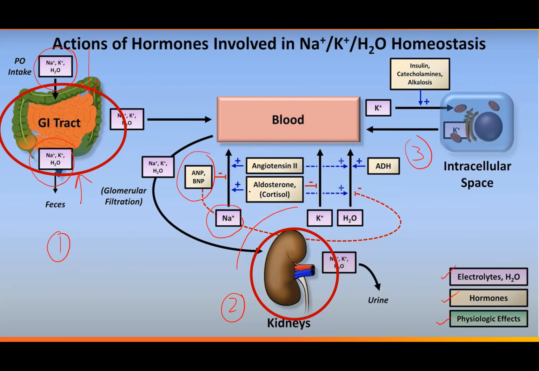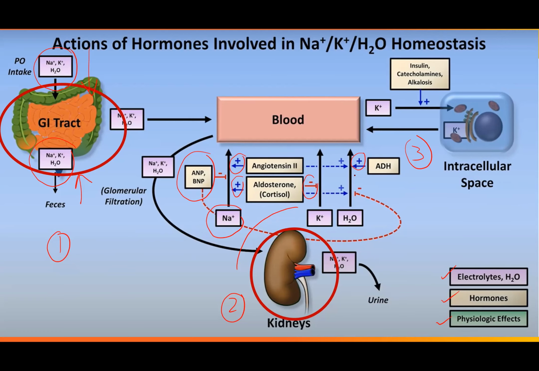Here, aldosterone and angiotensin have a positive effect on sodium and a negative effect on potassium. They also have a positive effect on water, so water is retained and sodium is retained. That is how the combination of these mechanisms, ANP and BNP on one hand, angiotensin and aldosterone on the other, try to maintain the balance between sodium, potassium, and water.